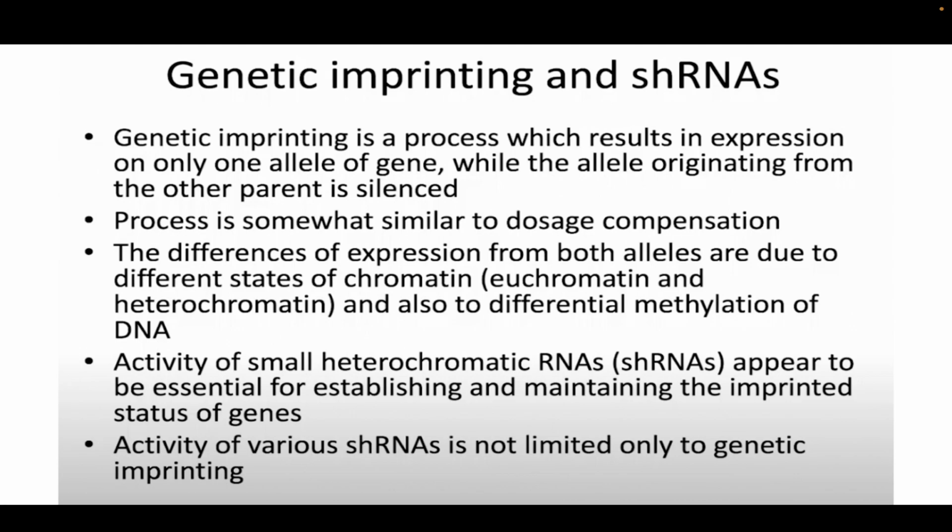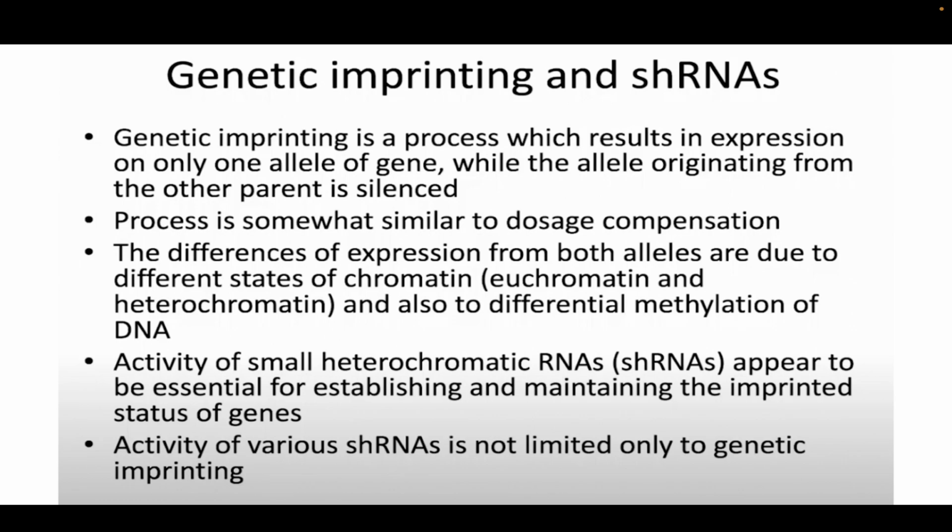So now you understand what dosage compensation is. It basically happens when one X chromosome is in excess in male or female, so that needs to be repressed to balance out the products between the two sexes, like male and female. Understood?